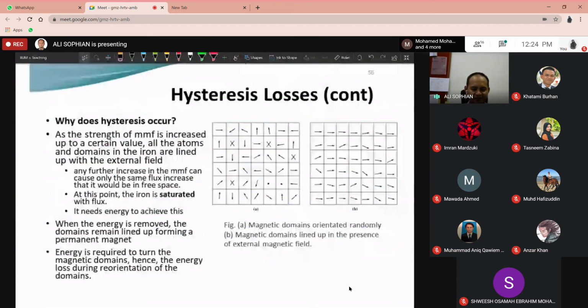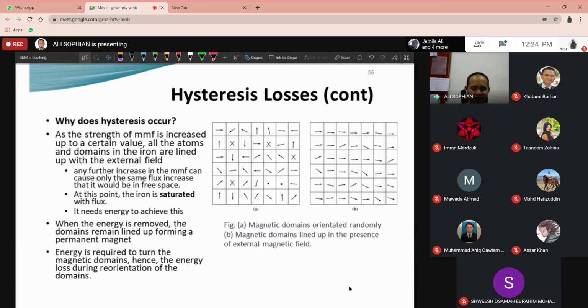These hysteresis losses occur because, when we look at the atomic level of the core material, we have small magnetic domains.